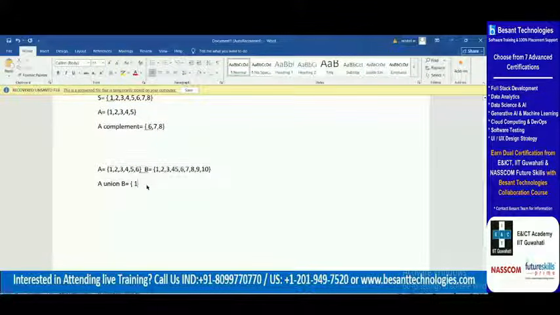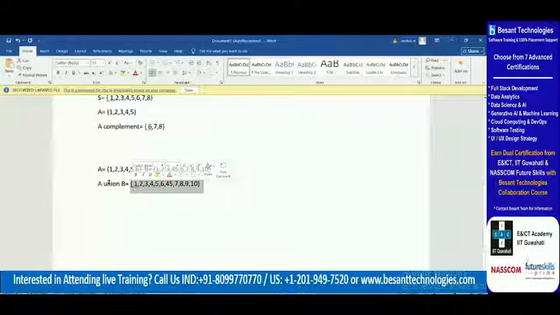So like this you can combine: 1, 2, 3, 4, 5, 6, and 4, 5 you have, and you have 7, 8, 9 and 10. Okay, so this is how A union B looks like. You have to combine both of these samples and together you get the samples of A union B.